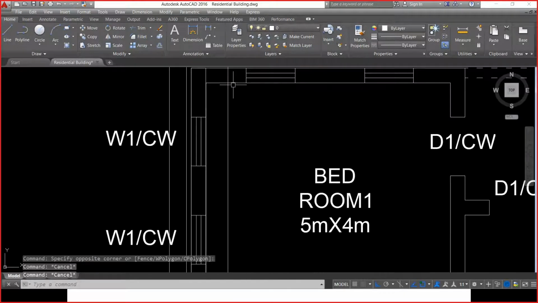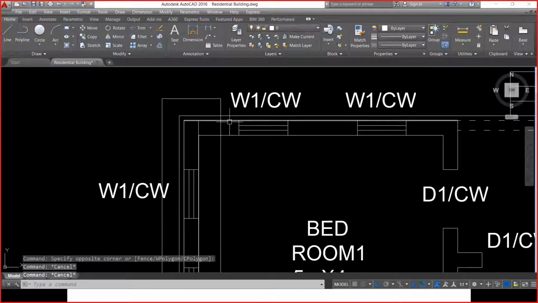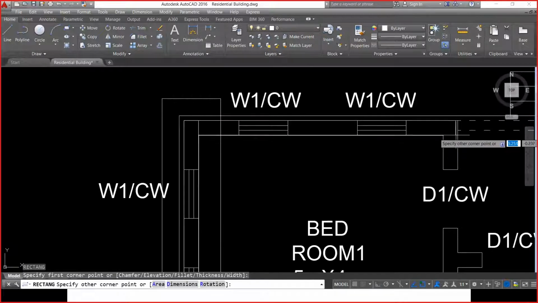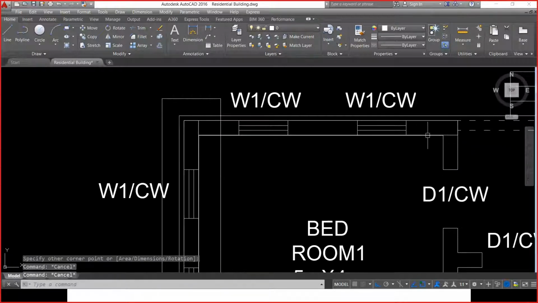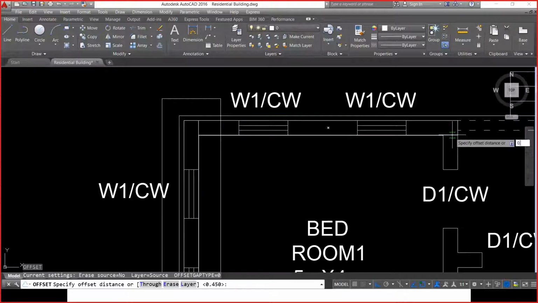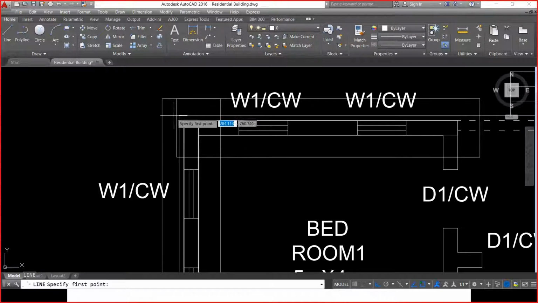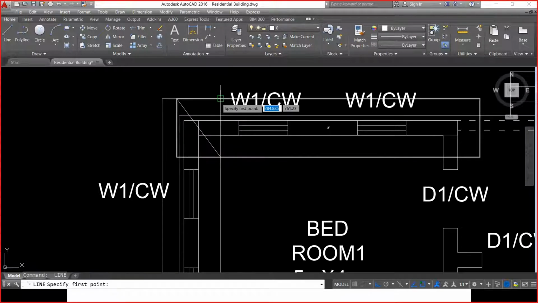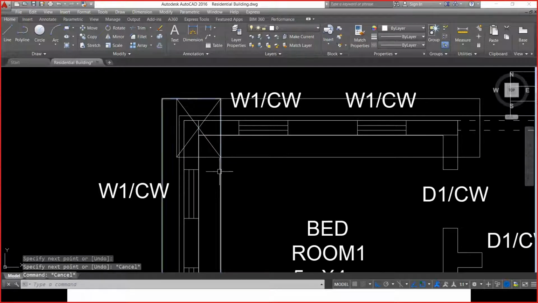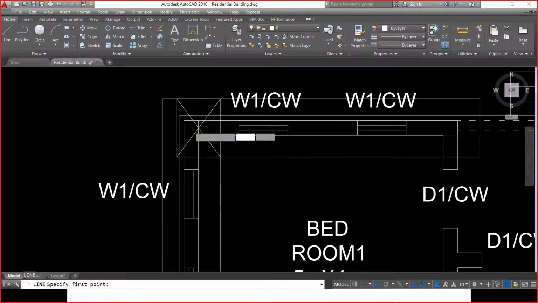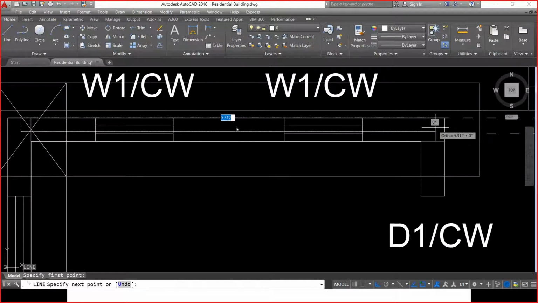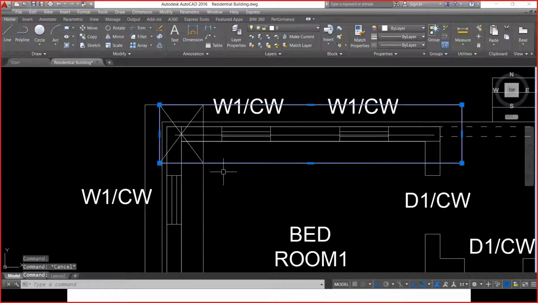Now, if I have to make the excavation for this wall, which is the short wall, as you are able to see here, this area is overlapping, because I've already done the excavation for this whole area. I don't have to do this excavation again. So what I have to do? I have to deduct it. How to deduct it? I just know the center to center distance between the walls. This is the center to center distance between the walls. Let me erase this.